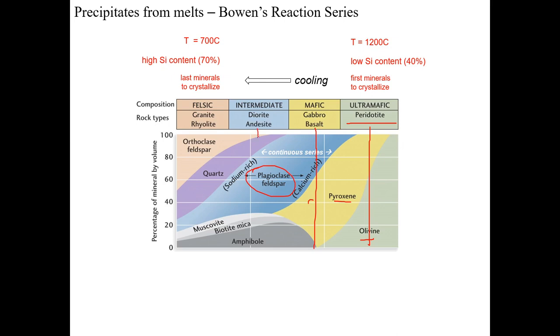Intermediate rocks are going to contain little bits of feldspar, like potassium feldspar, so orthoclase feldspar, a little bit of quartz, a lot of plagioclase, maybe some muscovite, maybe some biotite, maybe some amphiboles. So you see that intermediate rocks really can have a lot of different minerals in them. Felsic rocks are going to be potassium feldspar, quartz, a little bit of plagioclase, muscovite, biotite, and amphibole. Okay, so those are the kinds of minerals you expect in the different compositions, because remember, these are all compositional terms: felsic, intermediate, mafic, ultramafic.